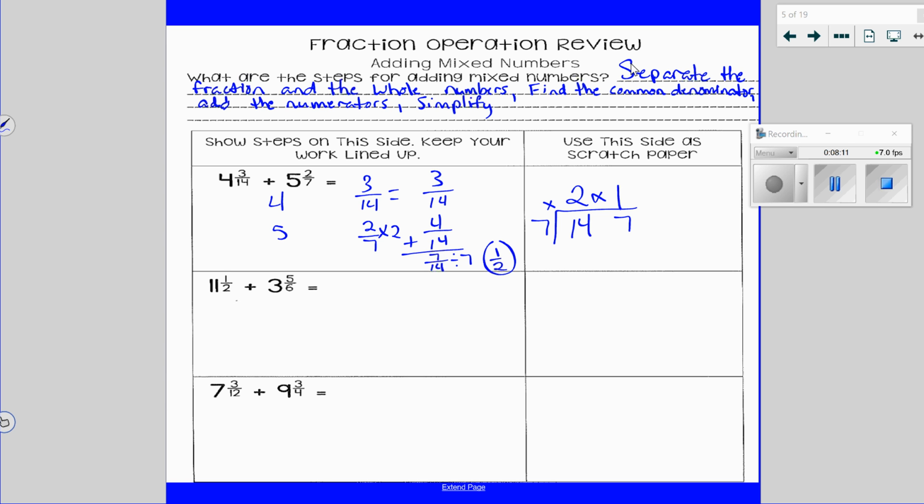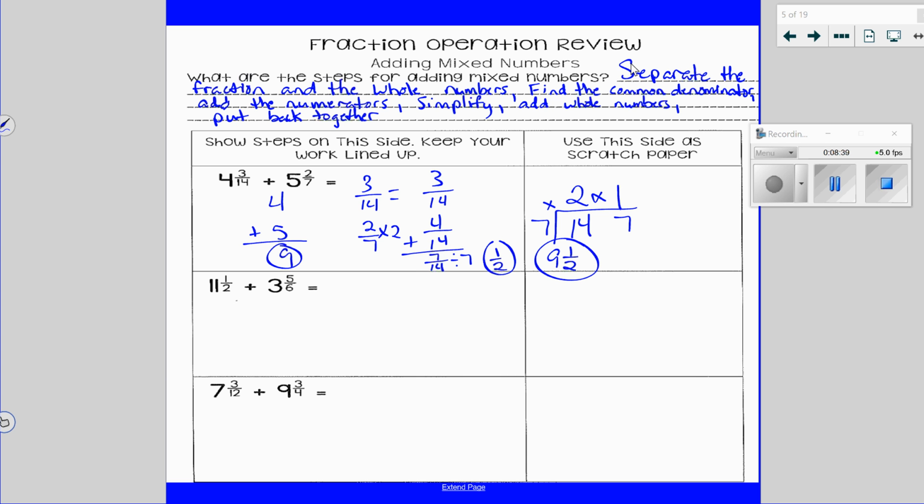Add the whole numbers. And then last, I put them back together. All right, so 4 plus 5 is? 9. So I take my 9 and my 1/2, and my answer is 9 and 1/2.